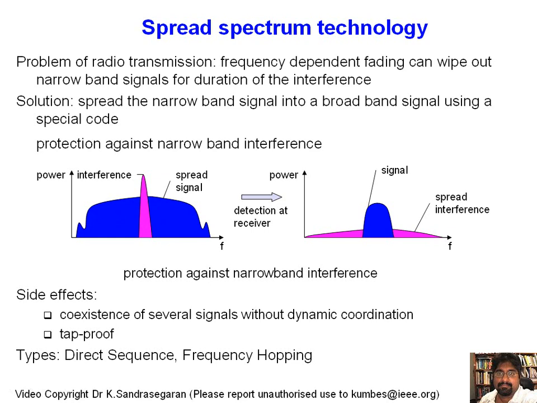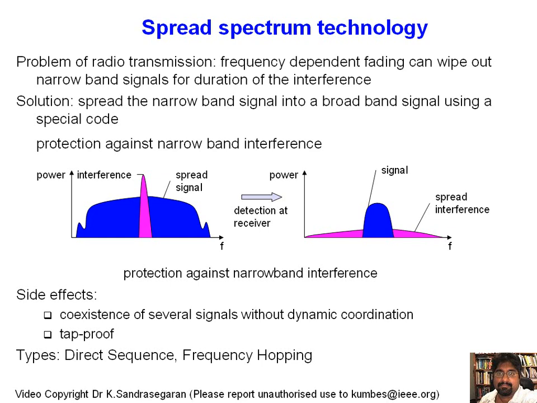And if you can in some way duplicate the signal that you want to transmit across this entire band, so that there are many copies of the signal, transmitted across this wide band of frequencies, even if a portion of that band gets wiped out, the rest of it gets through, and you are able to recover the original signal at the receiver. So that's the basic idea behind spread spectrum.